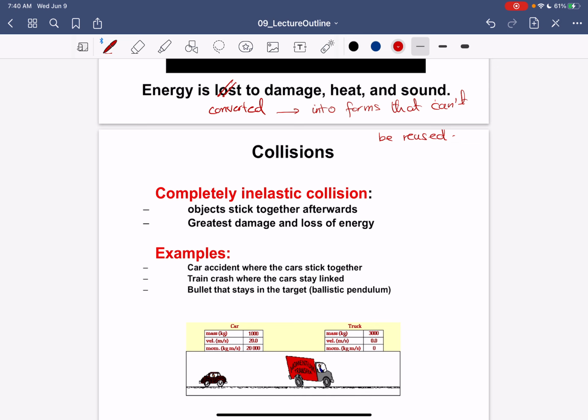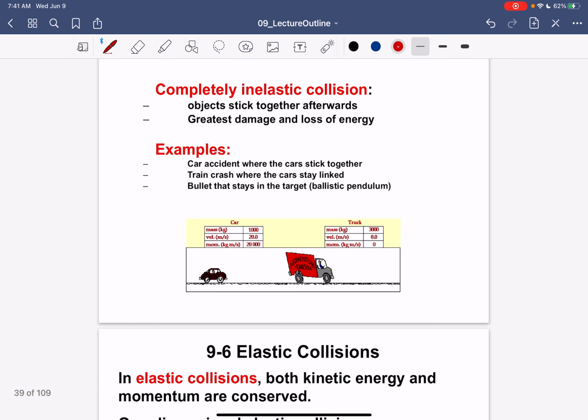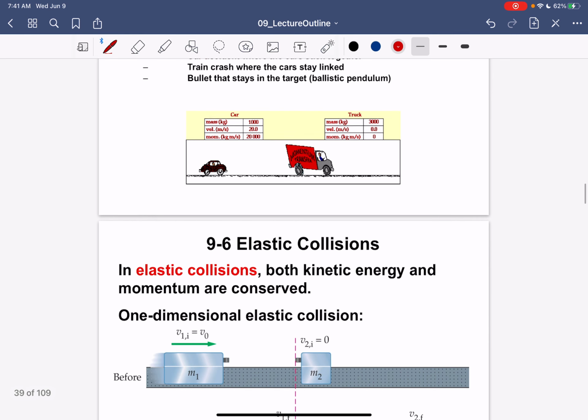Any problem that talks about objects that stick together or entangle together, you're going to say this is a completely inelastic collision. It has the greatest damage and loss of energy: the energy of the system after is going to be less than the energy before. Examples here are car accidents where cars stick together, a train crash where the cars stay linked, a bullet that stays in the target, and the ballistic pendulum.